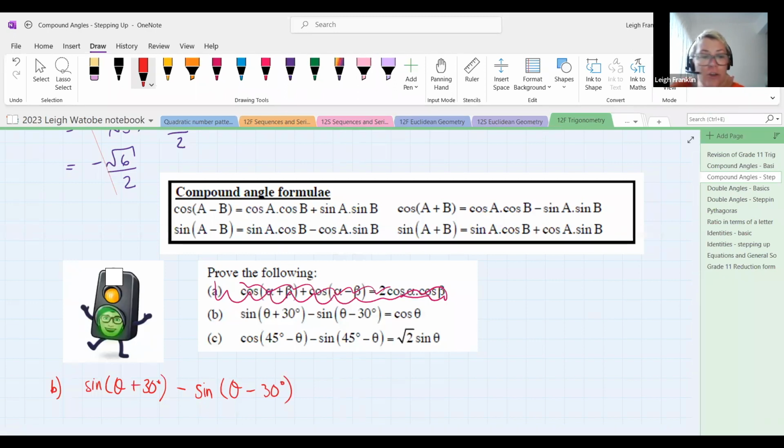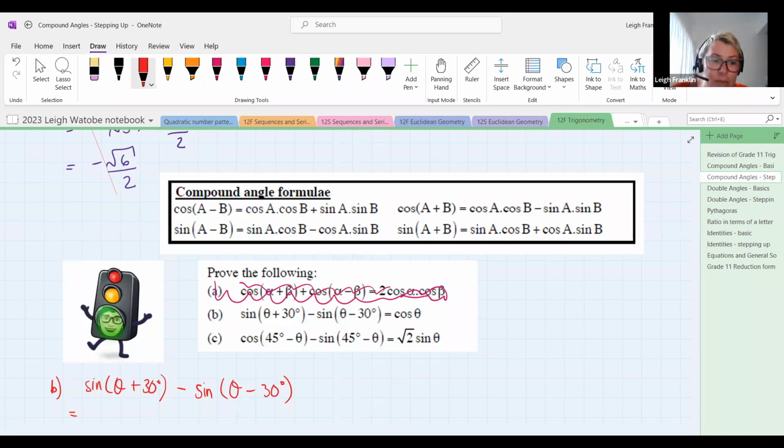Okay, minus, and then you said cos. Okay, all right. Kenzo, when you get to this point over here, sine of theta plus 30, you're using one of your sine compound angles.